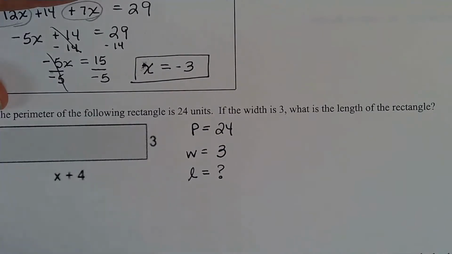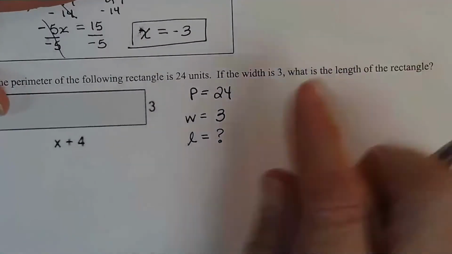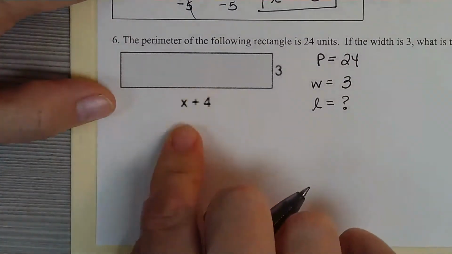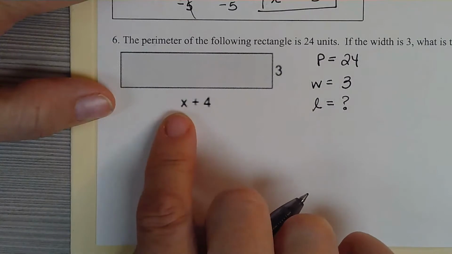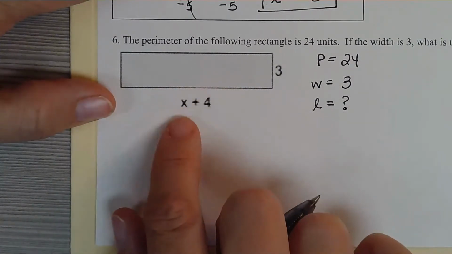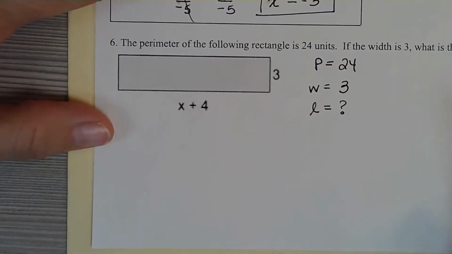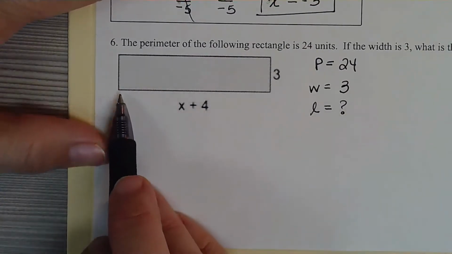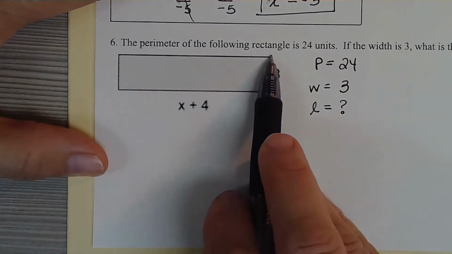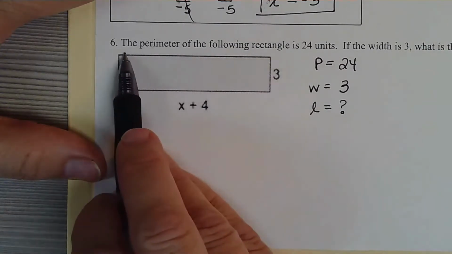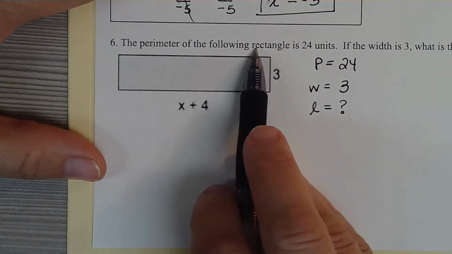Okay. Now, before we figure out what is the length, which is this right here, we need to solve for x. I can't figure out this unless I know what x is. How do you find perimeter? What is perimeter? Perimeter is the distance around a shape. And we find the perimeter by adding up all of the sides.